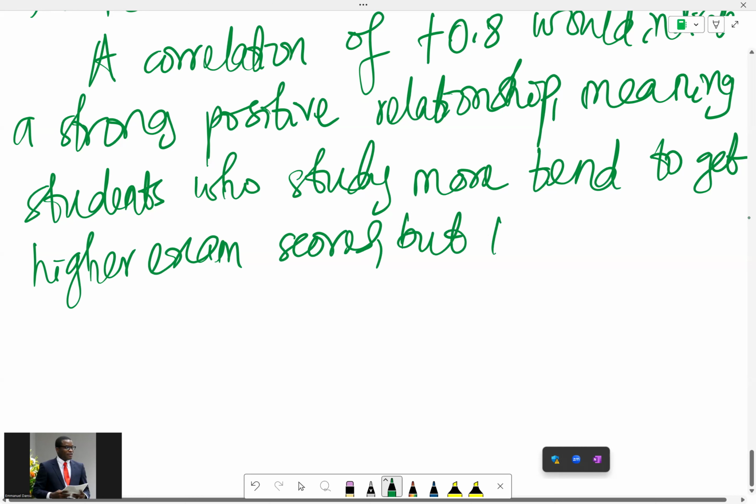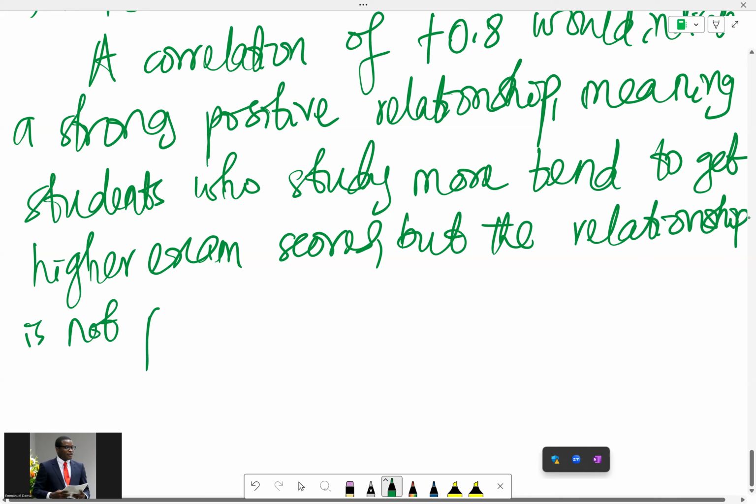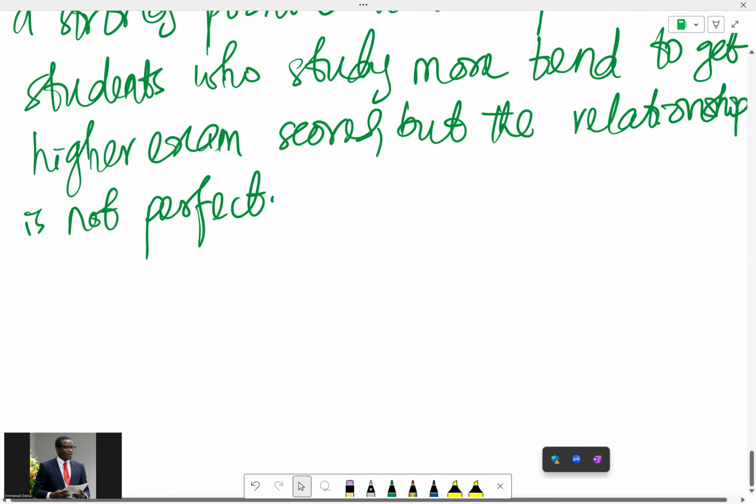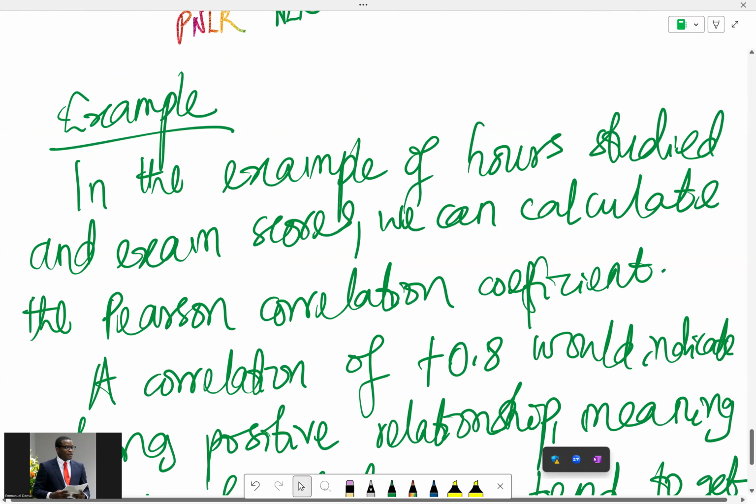But the relationship is not perfect. It will be perfect if it is exactly plus one. So there's still some possibility that somebody who studies a lot still does not get good scores, probably due to some other reasons. So that explains the imperfection in that.